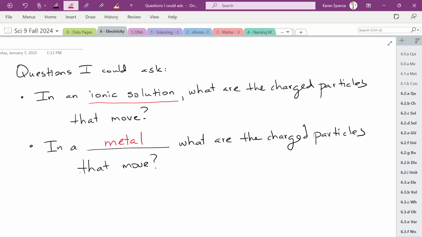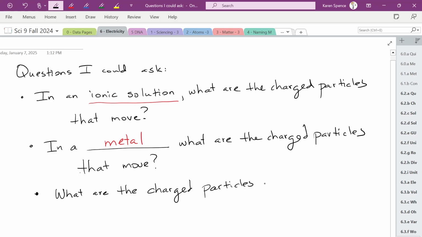I could also ask, what are the charged particles in A, ionic compounds, and B, metals.